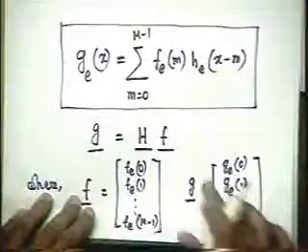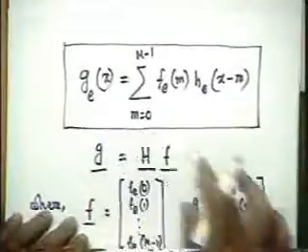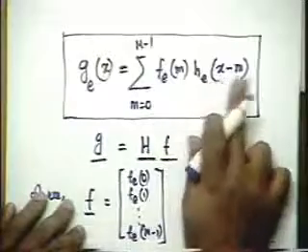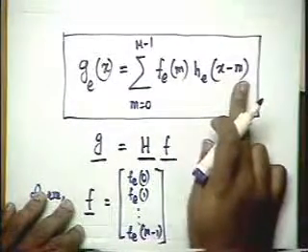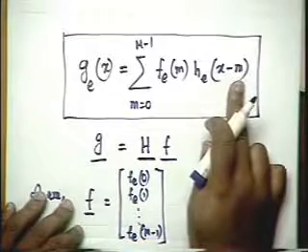Because this is a two-dimensional matrix, there will be two coordinates, x and y. Well, this is a two-dimensional matrix, no doubt, but just see the argument of this is HE of x minus m. We are considering only the x variable. We don't have a y variable over here.